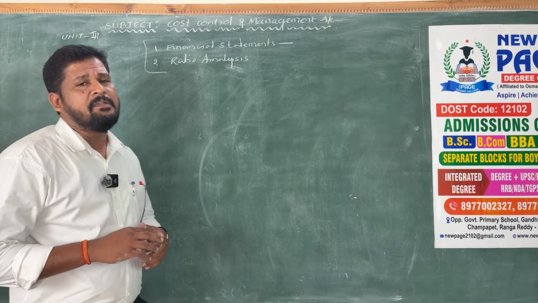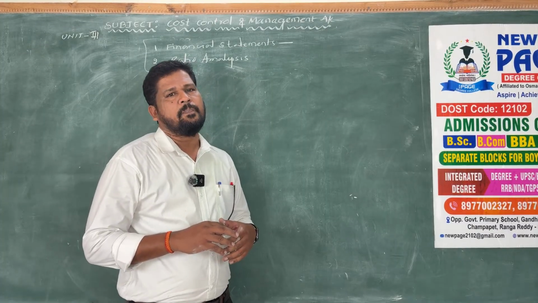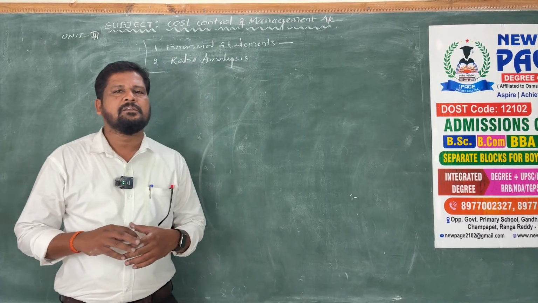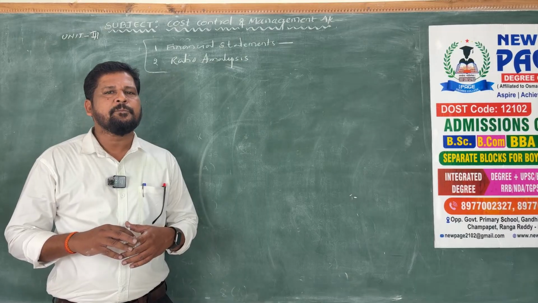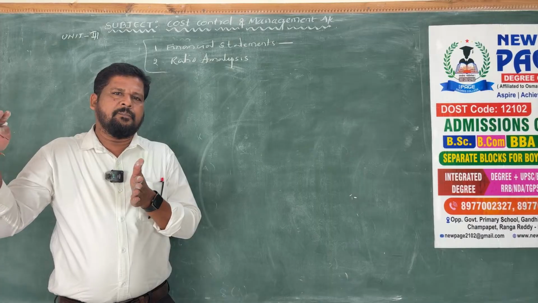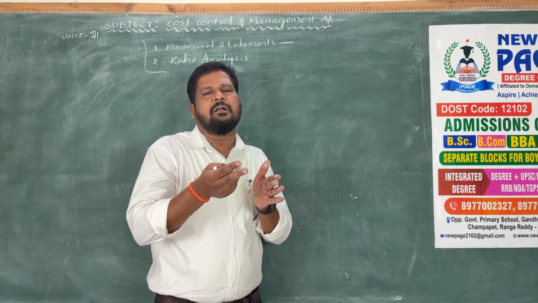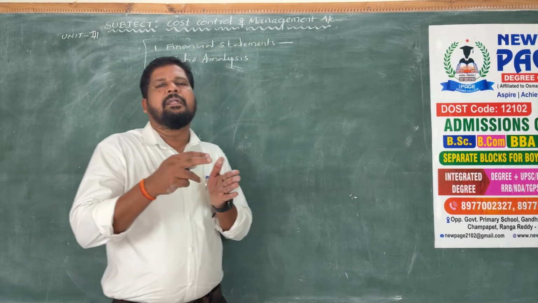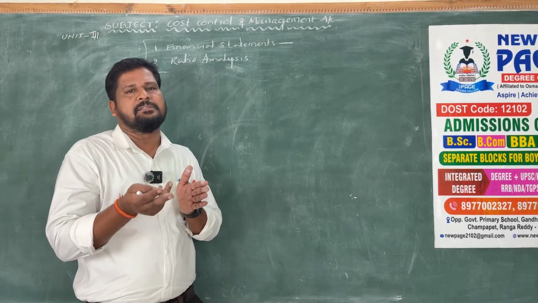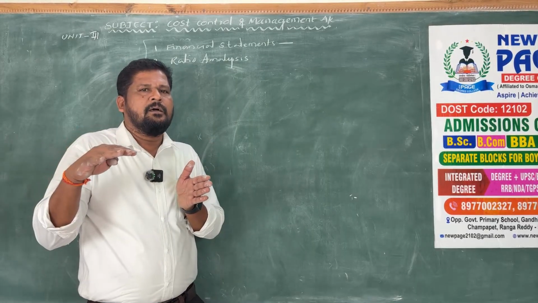Already you learned in previous classes, semester 1, semester 2 also. Okay, what is the financial statements? Financial statements are prepared in different processes like the trading account, profit and loss account, balance sheet and cash flow statements. Okay, those are proper books, right?